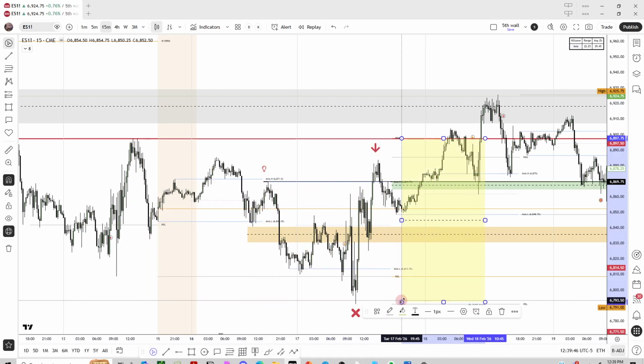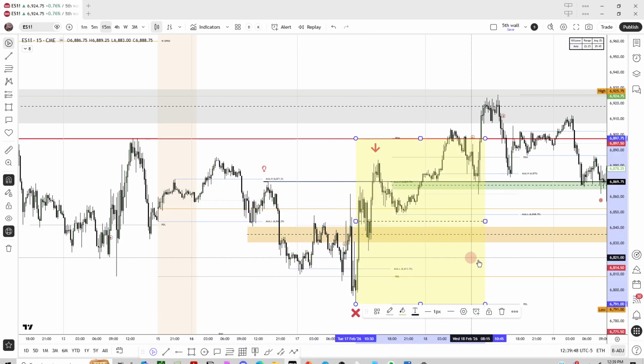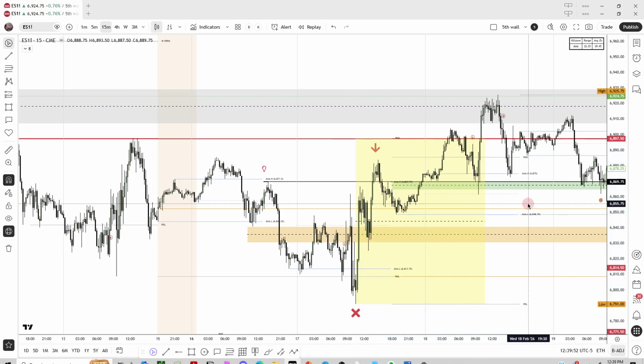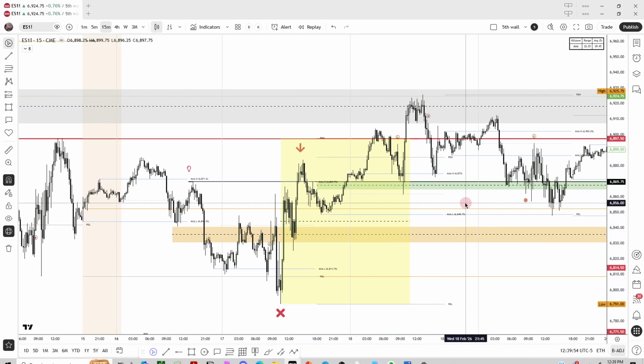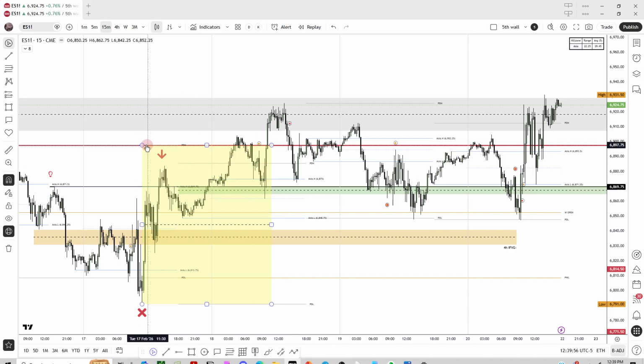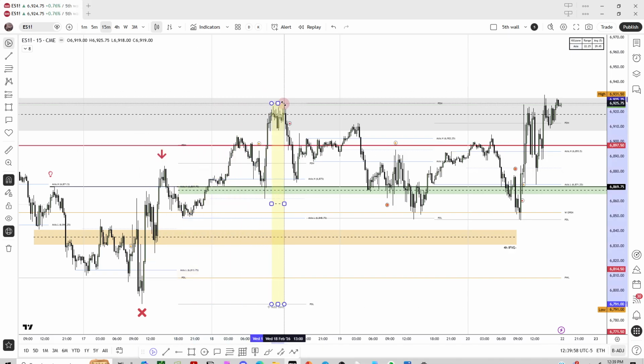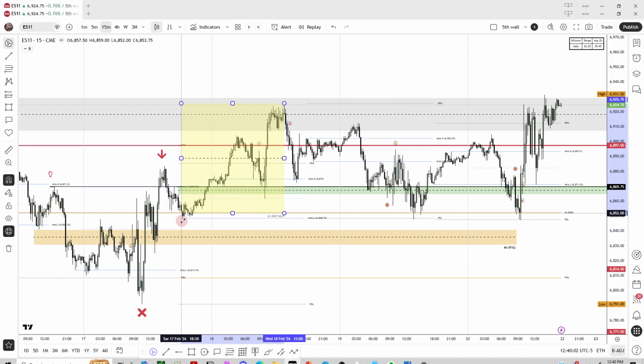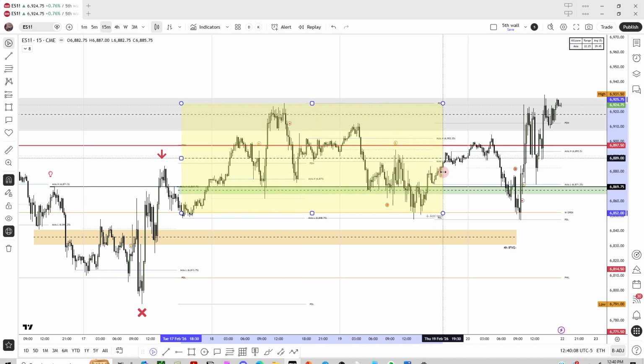And so you have this. This is the buy side of the curve. We already discussed that. Now we have a smart money reversal here. And so this would be the buy side of this curve. And then this would be the sell side of that curve.